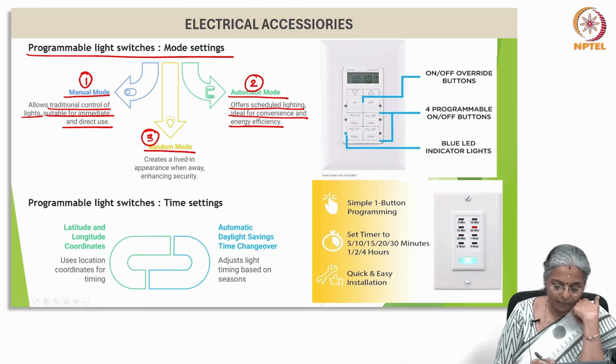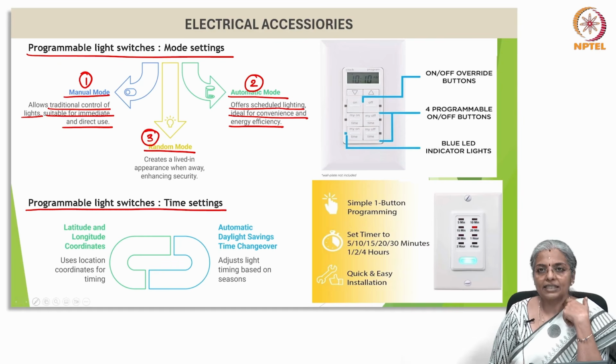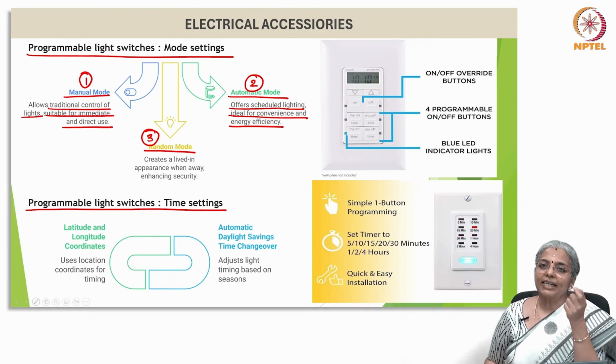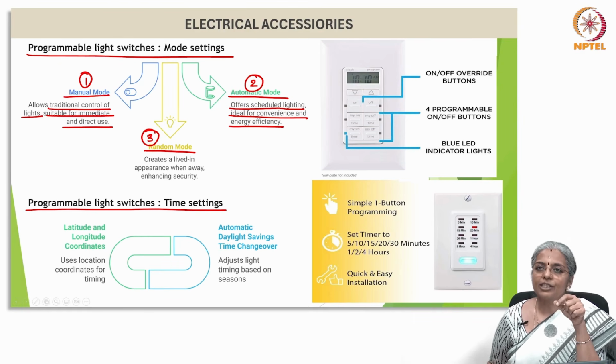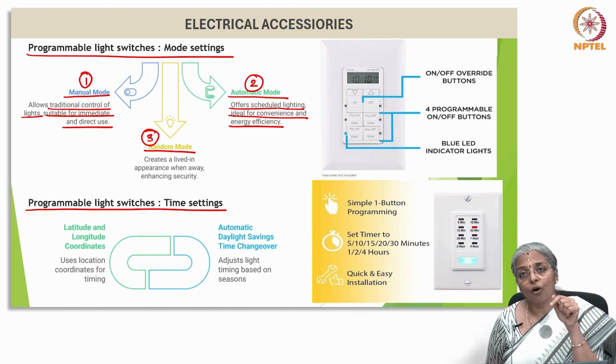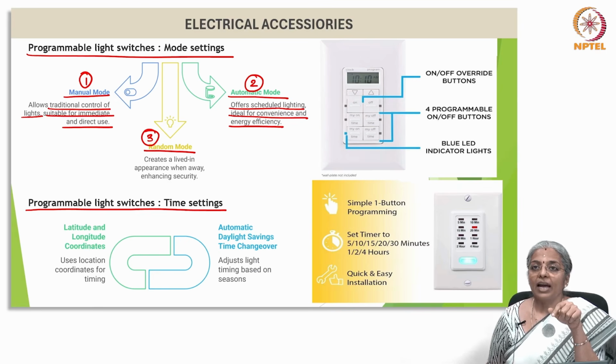Then we have the programmable light switches, which have time settings. The time setting will allow us to set the timer at which we want the lights to go on or off. Under this, there are two primary light switch timer settings.